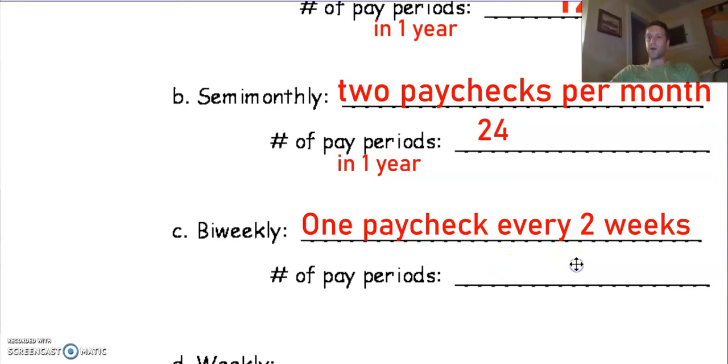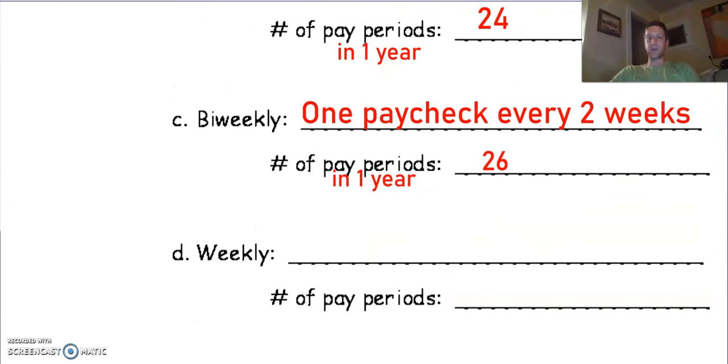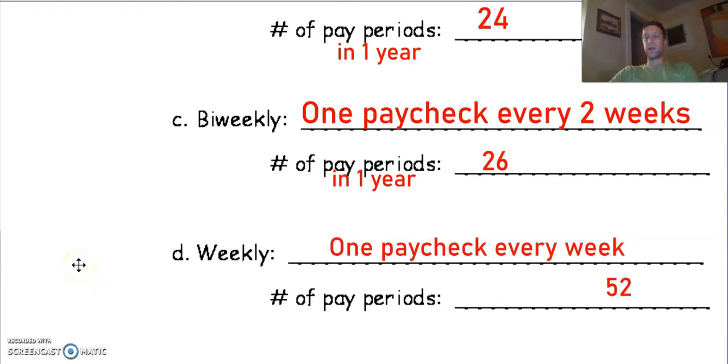So in 1 year, it'll be 26 paychecks, or 26 pay periods. We take the 52 weeks in a full year, divide it by 2, and that gets us our 26 paychecks. So if we have 52 weeks in a year, then weekly would mean we'd get 52 paychecks, once every week.